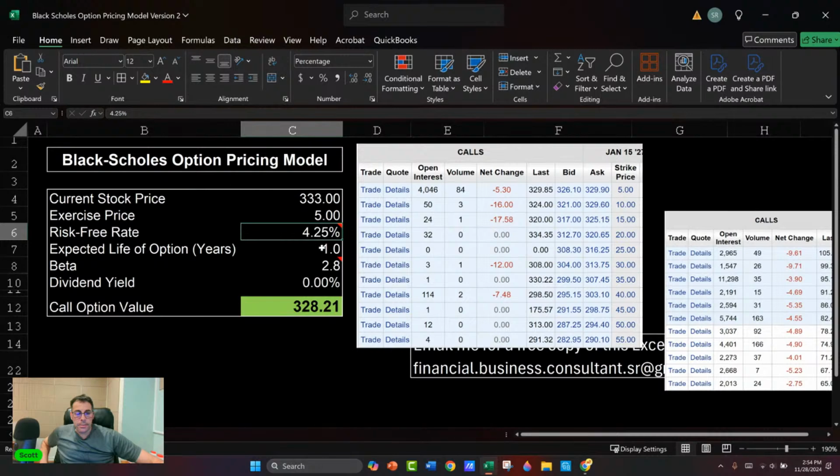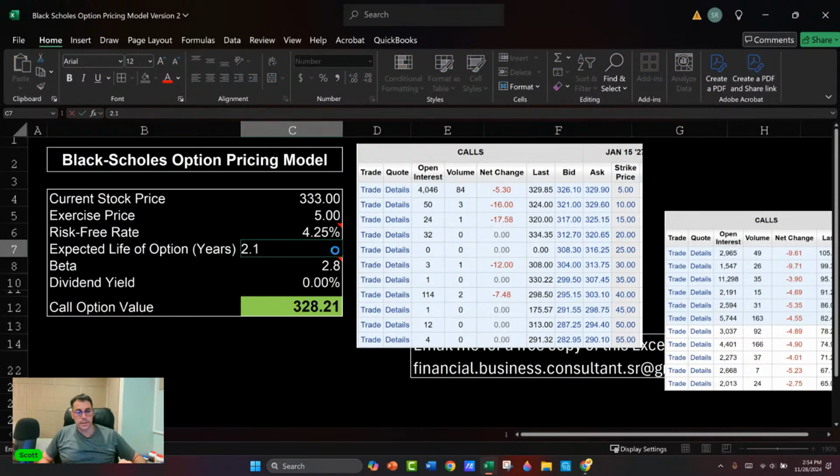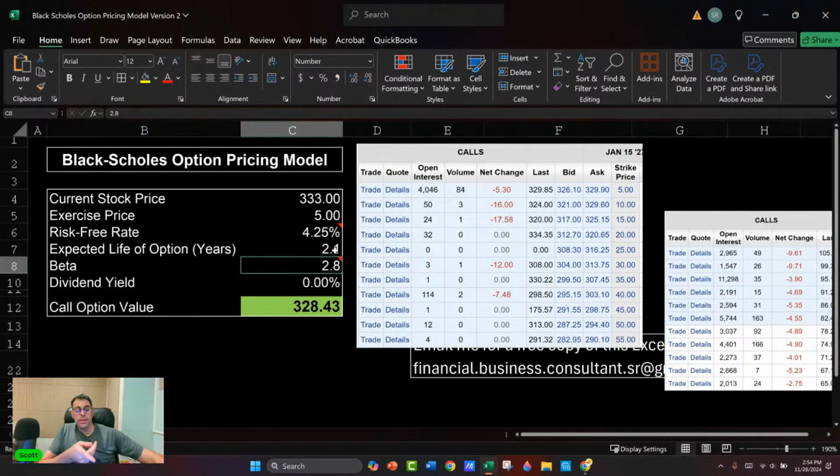We're in 2024, so it's 2 years out, like 2.1 years. Oh, this is actually trading exactly where the model's at. The price of the option is 328, and it is trading exactly at that point. That's pretty interesting.